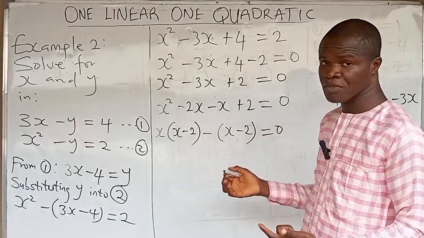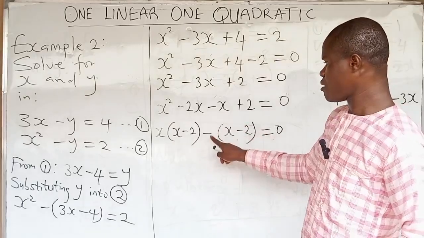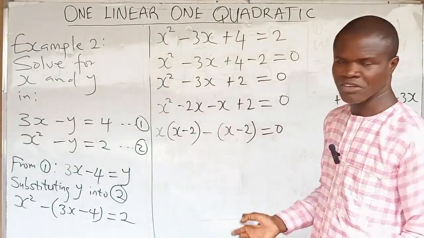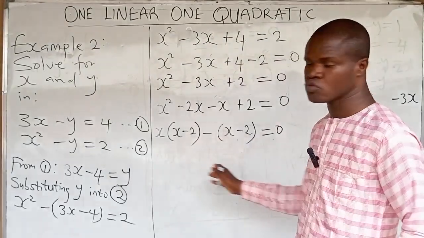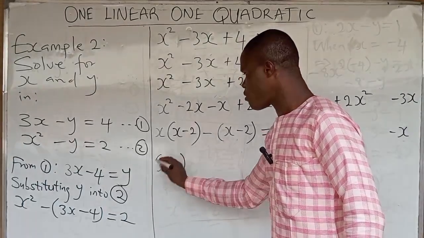So we can confirm if it is correct. Minus times x will give us minus x. Minus times minus will give us plus 2. Perfect. So the next thing to do is to factorize this x minus 2 and x minus 2 out. So x minus 2 will come out.